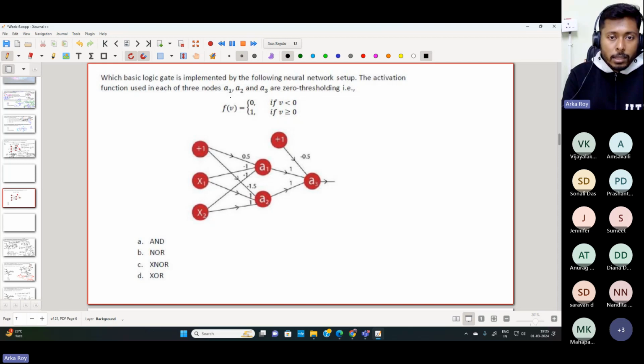In this particular question, they have said that you have two inputs, x1 and x2, and you need to check what sort of logic gate can be implemented by this whole neural network. What was your approach to solve this question?